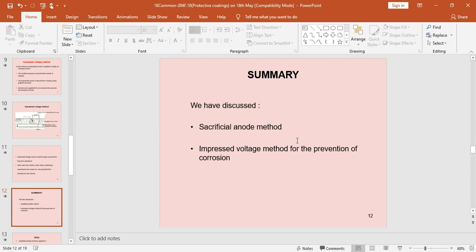Examples are galvanization and underground pipelines. It is used for the prevention of corrosion. The very important point in this method is that the coated, more active metal sacrifices itself to protect the base metal. That's why we call this the sacrificial anode method.